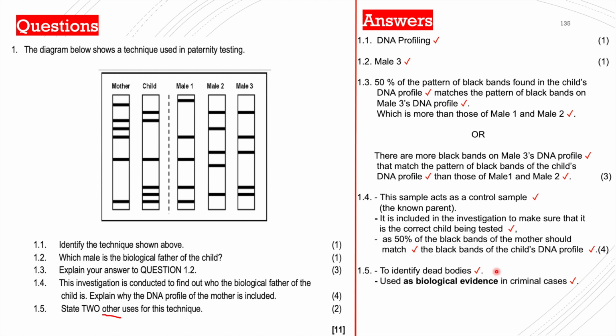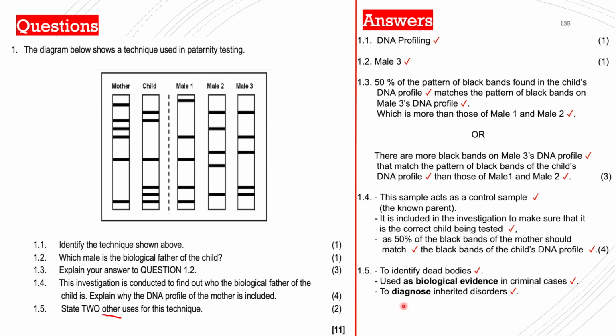The second one, used as biological evidence in a criminal case. So, in this instance, we are going to determine who a possible murderer is or who a possible rapist is by taking evidence that was found at the crime scene, making a DNA profile from it, and making DNA profiles from possible suspects, and we compare them against each other.